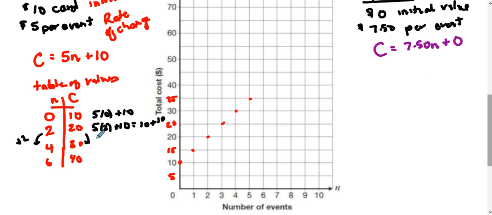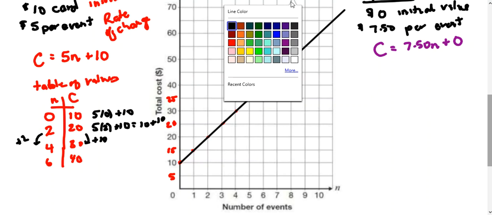I know that this pattern is increasing by 10 because 10 divided by 2 gives you that 5. So I can plot those points and then I can draw a line. Pretty good line. And I'm going to make that red.